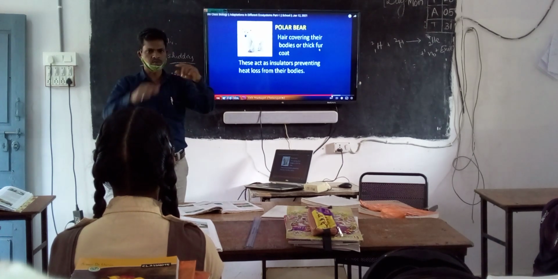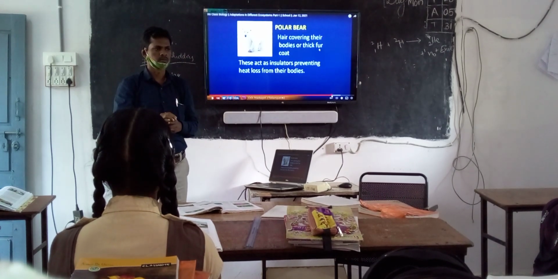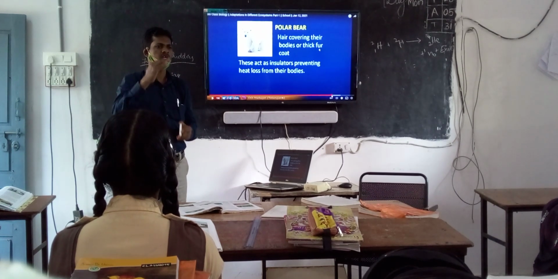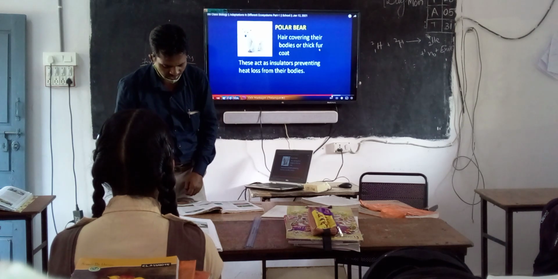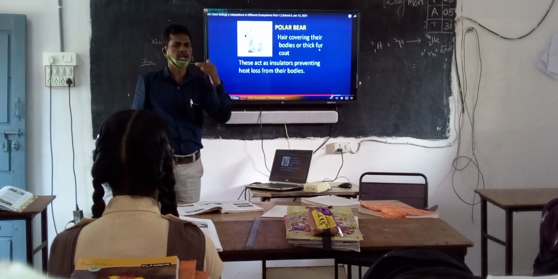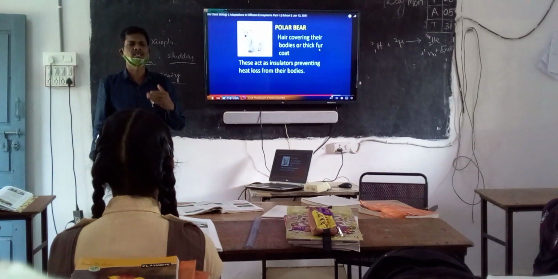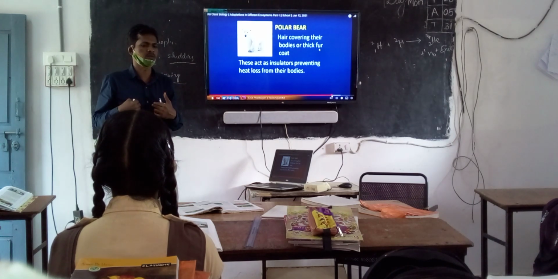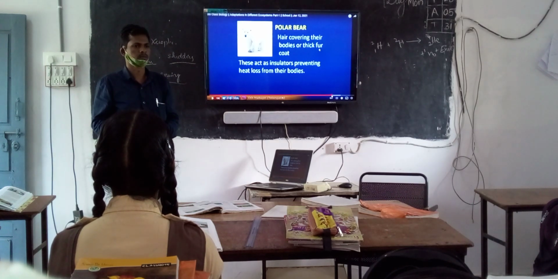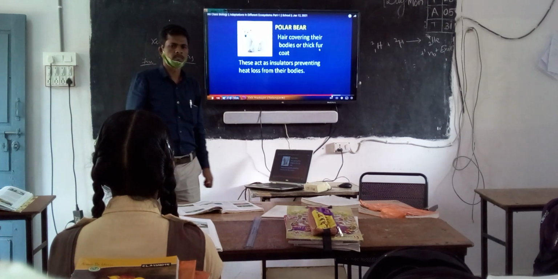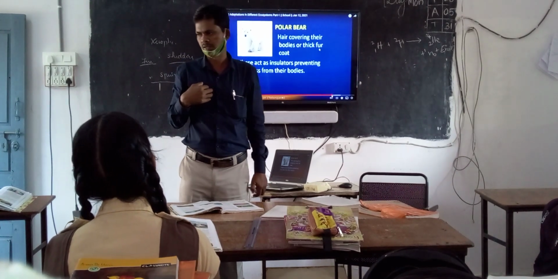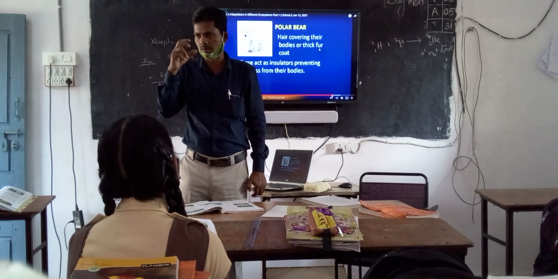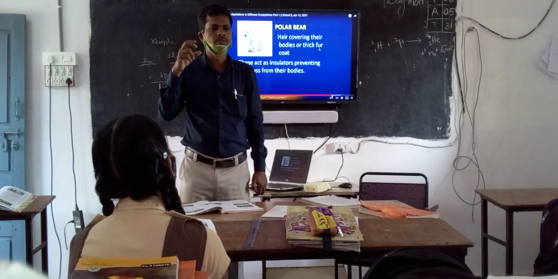Next, some kinds of animals which are covered with fur also get insulation. How? These act as insulators, preventing heat loss from their bodies. So the thick layer of hair which we observe works as an insulator, protecting the heat of the body. How does an insulator work? Actually, our body has some heat, and some quantity of fat is stored in our body.